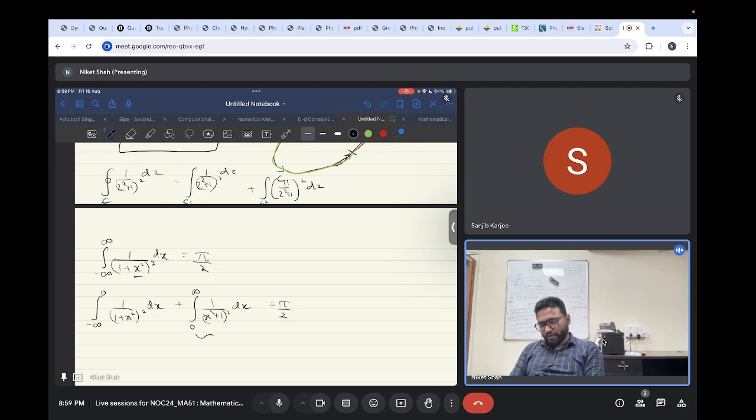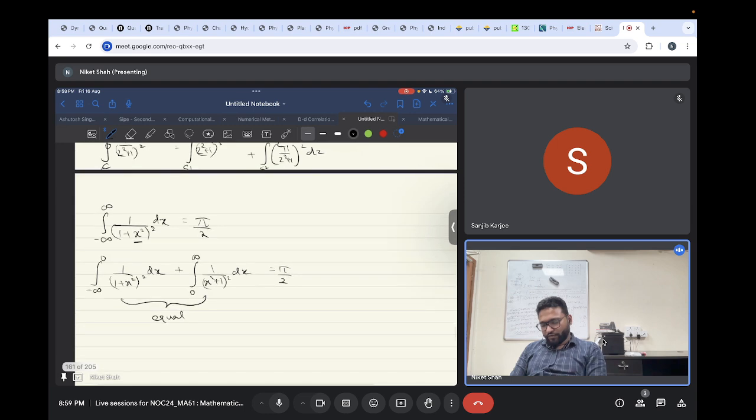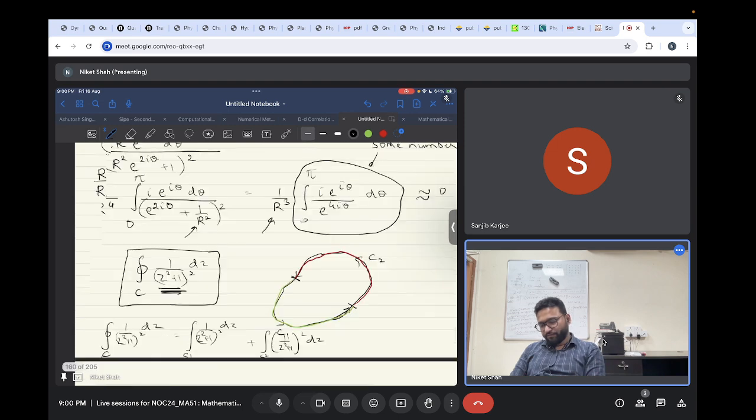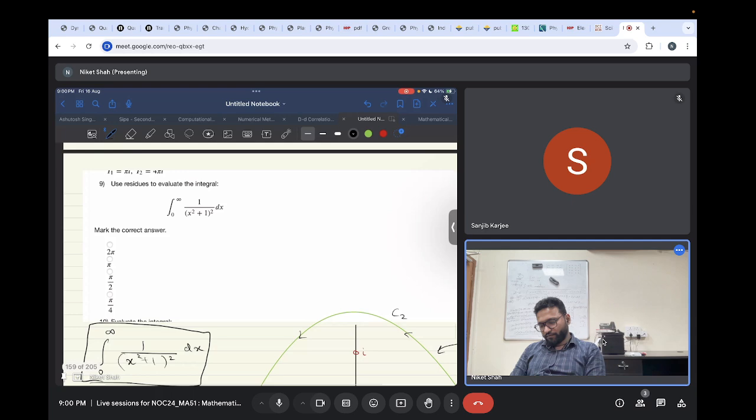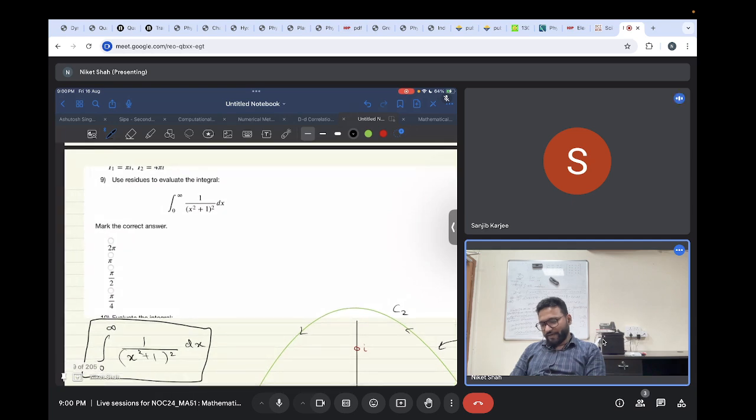And both these are equal because it's an even function. So the integral of 1 upon (1 plus x square) the whole square dx from 0 to infinity is just pi by 4.